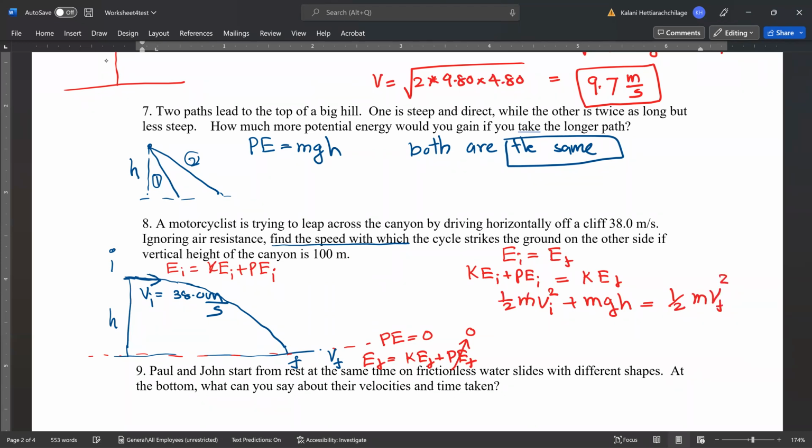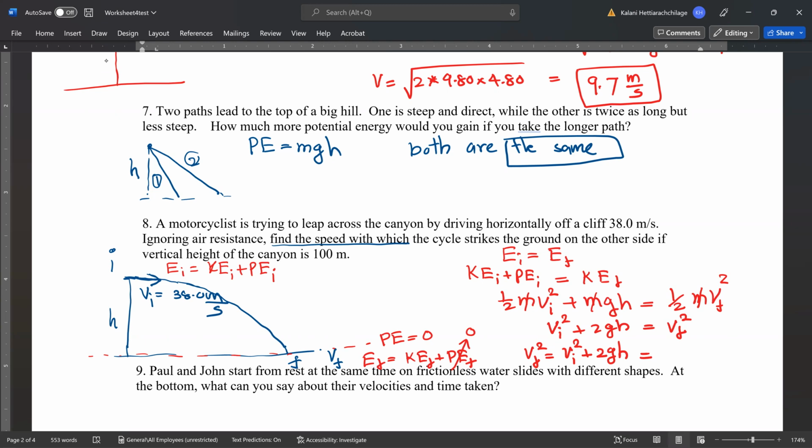So now divide by m on both sides, right? And then multiply by 2 on both sides. Okay, let's do that. Vi squared plus 2gh equals v final squared, right? What I need is v final squared. So v final squared equals v initial squared plus 2gh. Okay, now let's plug in the values.